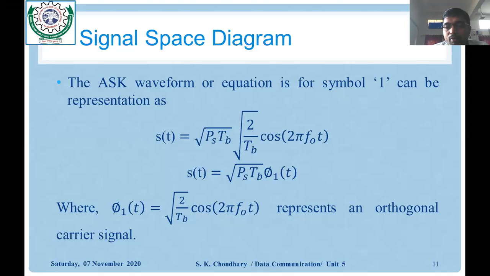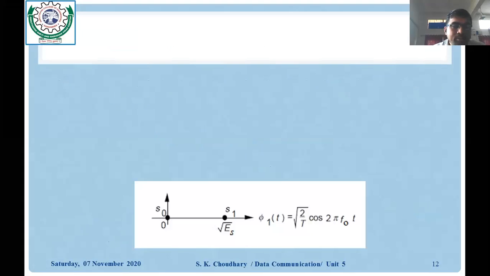So we have extracted the term of the orthogonal carrier signal from the mathematical representation of the amplitude shift keying technique. Now this orthogonal carrier signal is helpful for drawing the signal space diagram for binary symbol 1 and symbol 0. We are talking about symbol 1 because for symbol 0 there is an absence of the signal, so it is not required here.